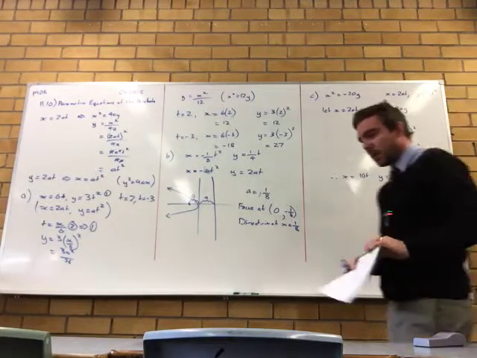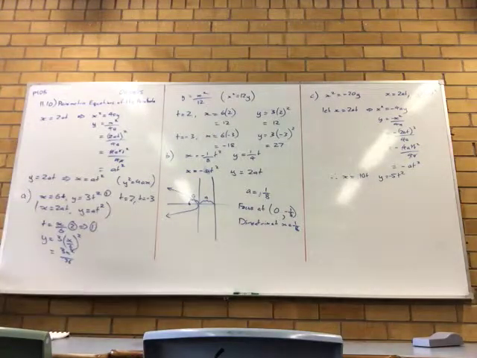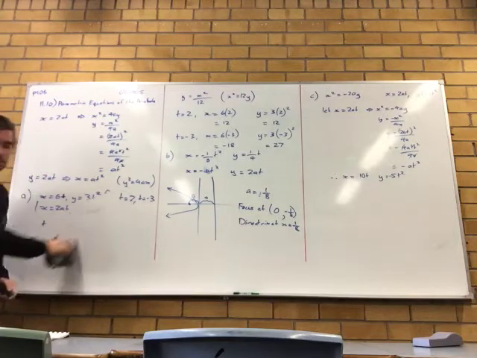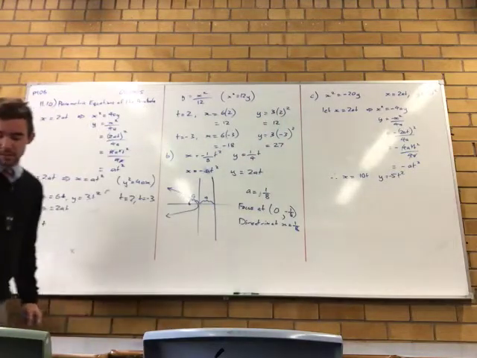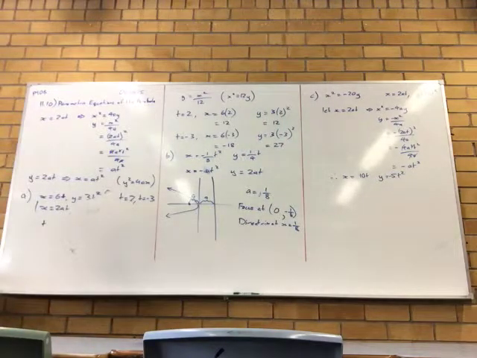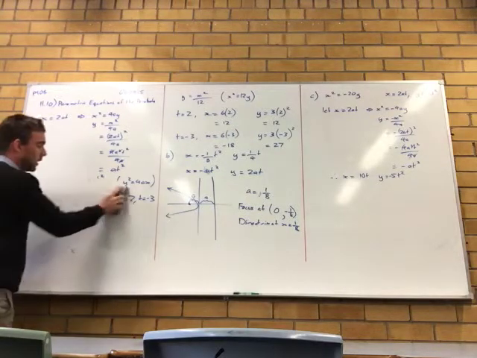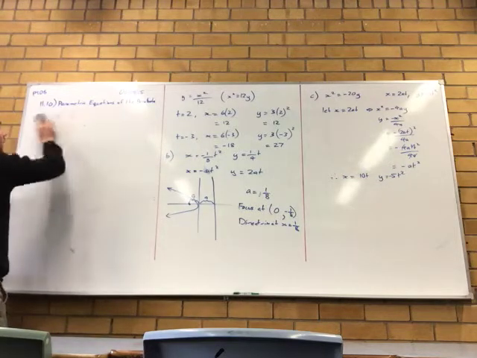Alright, if there are any questions on any of that, you need to speak now because I'm just about to move on to something that's going to involve a lot more algebra, a lot more equations. Okay, so we're comfortable enough with that, knowing what's going on. Alright, so what we're going to do now is derive a lot of the equations involving chords, tangents and normals to our parabola x squared equals 4ay.